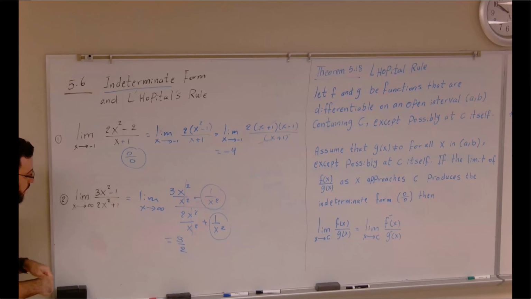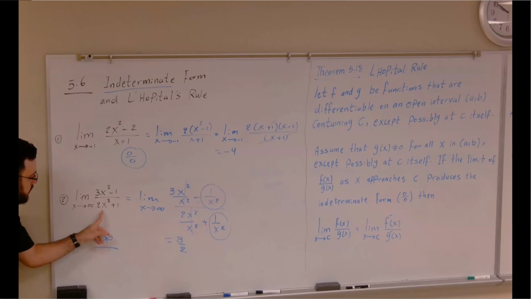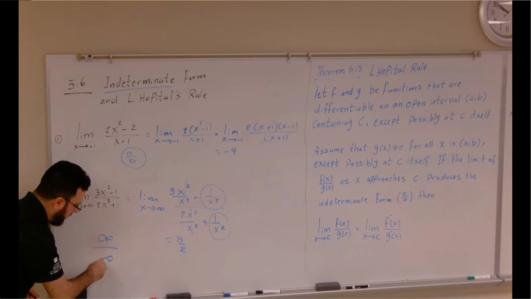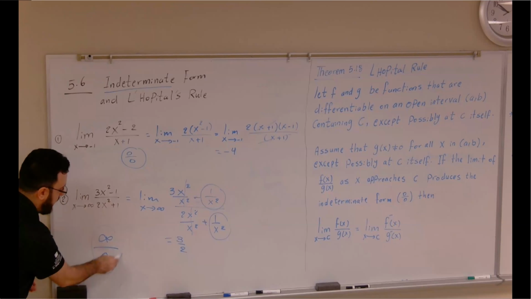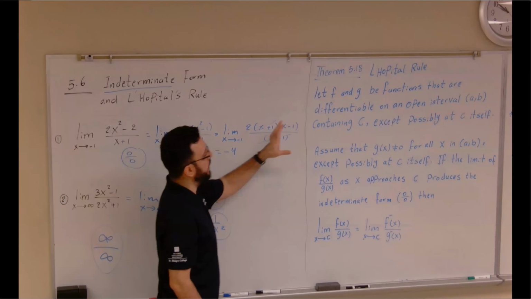So on the top, we got infinity. 2 times infinity squared is going to be infinity. Plus 1, so it's going to be infinity. If you got one of these cases by just looking, plug in -1 right away, plug in infinity right away, you get infinity over infinity or 0/0.